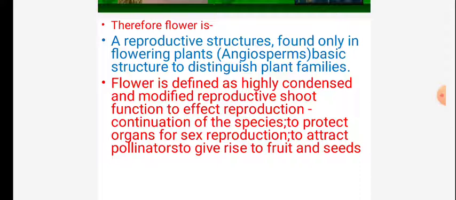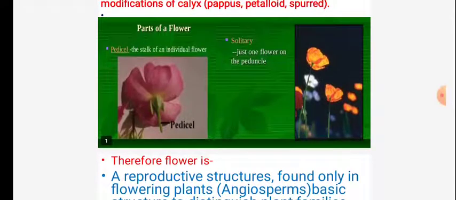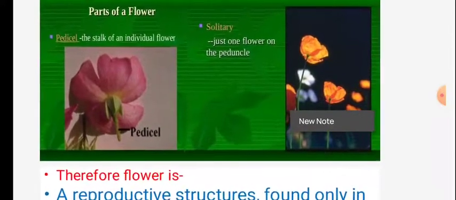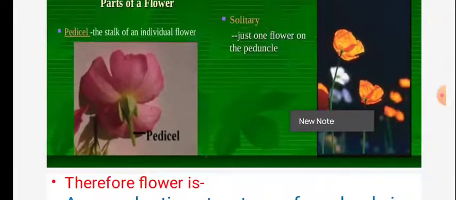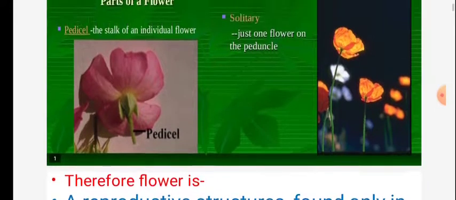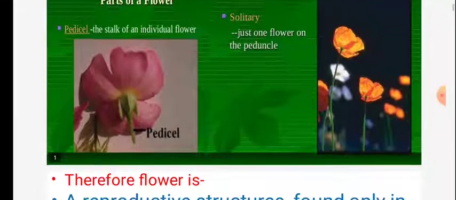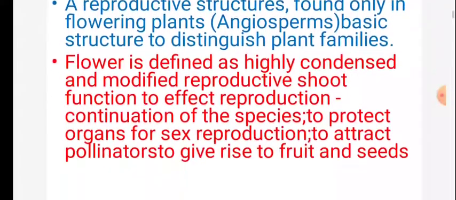These are the specific characters, so therefore it is defined like this. Here you are observing the different parts of the flower, or the flower types. The stalk of the flower is commonly called the pedicel, and where there are many flowers on one floral axis, it is called a peduncle.